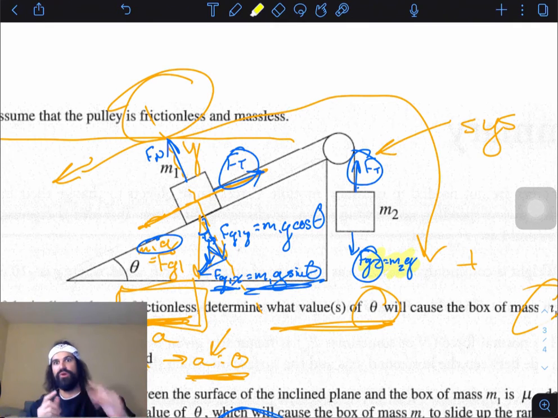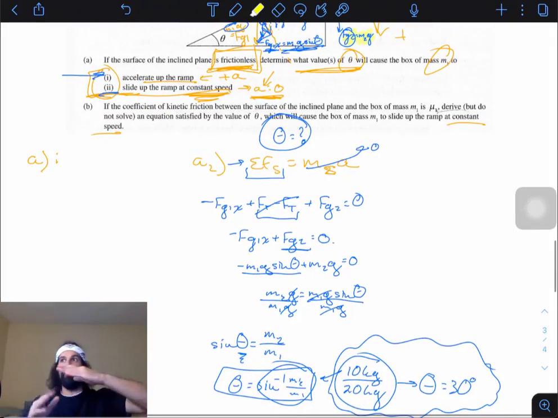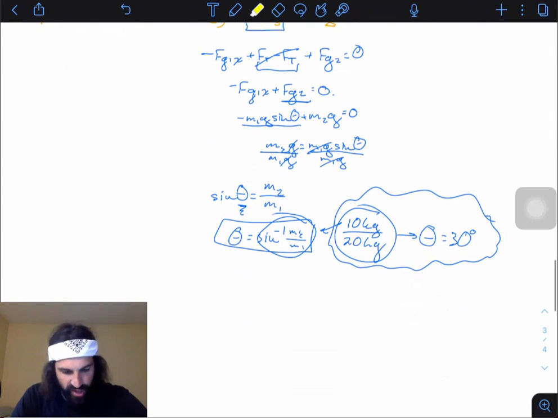So if it gets smaller, it should accelerate up the ramp. Just like if you had a book that was perfectly balanced, if you made it steeper, it would slide this way. But because we have this upward Fg2, if you make it flatter, now Fg2 will be bigger than Fg1x. So any angle that's smaller than that should make it accelerate up the ramp.